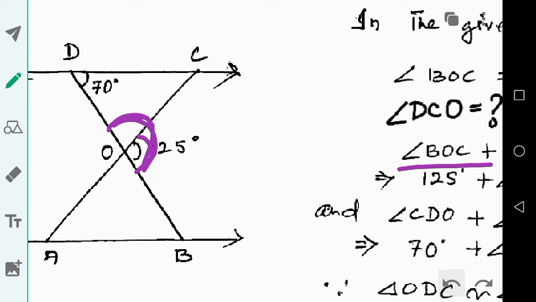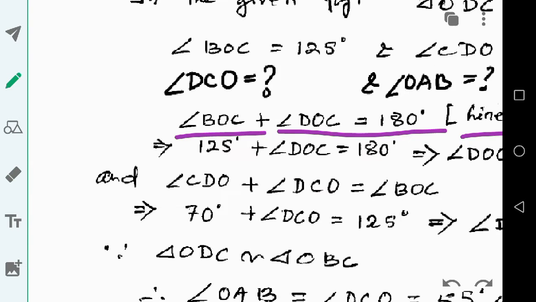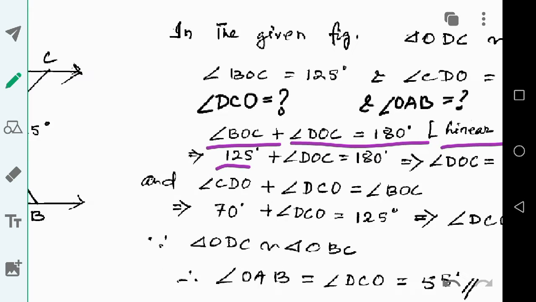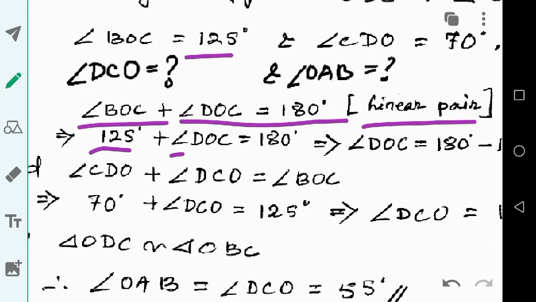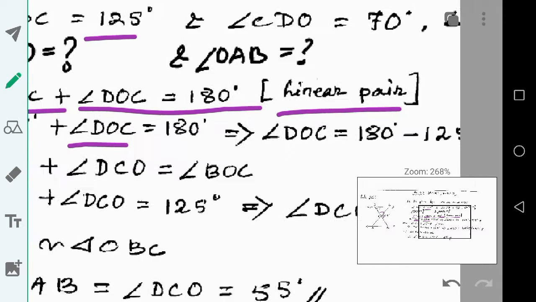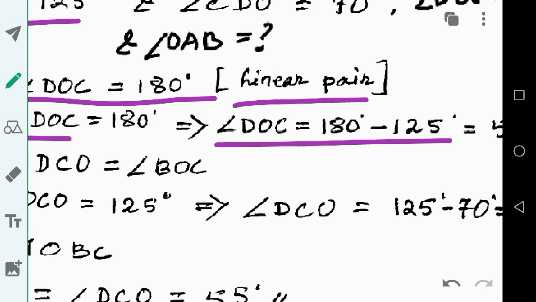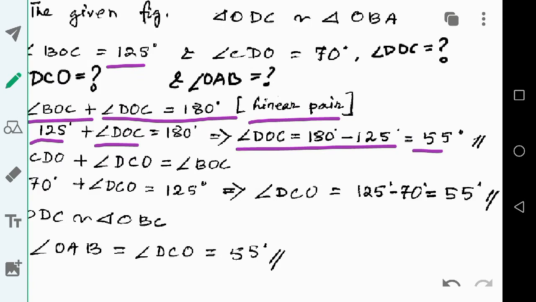BOC is 125, that is given in the question. So DOC must be 180 minus 125, which is equal to 55.